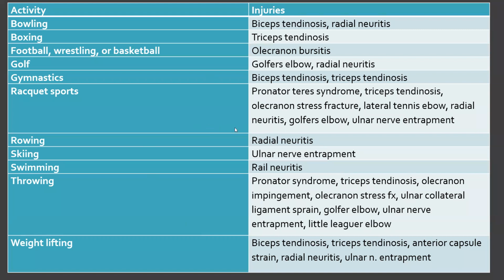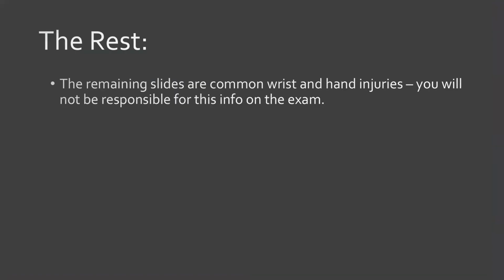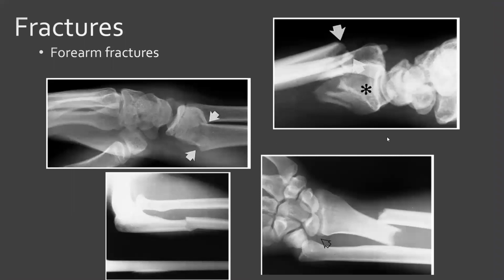Any of the ones that we talked about specifically in class, those are the ones that we're going to be more concerned with. Now, there are a couple here that we want to mention. Forearm fractures are almost exclusive to blunt force trauma.